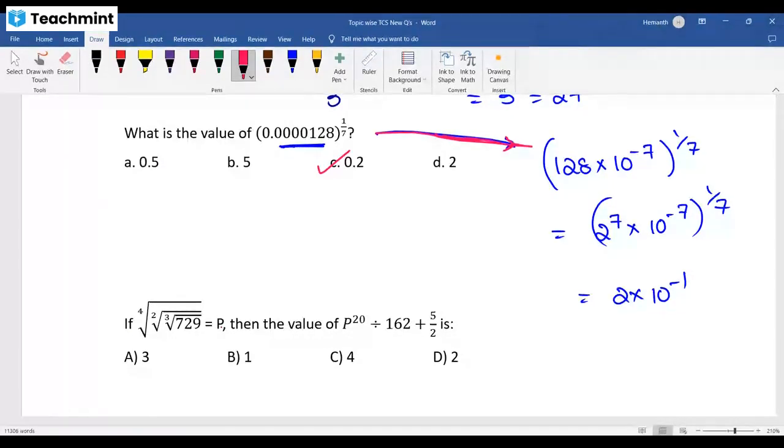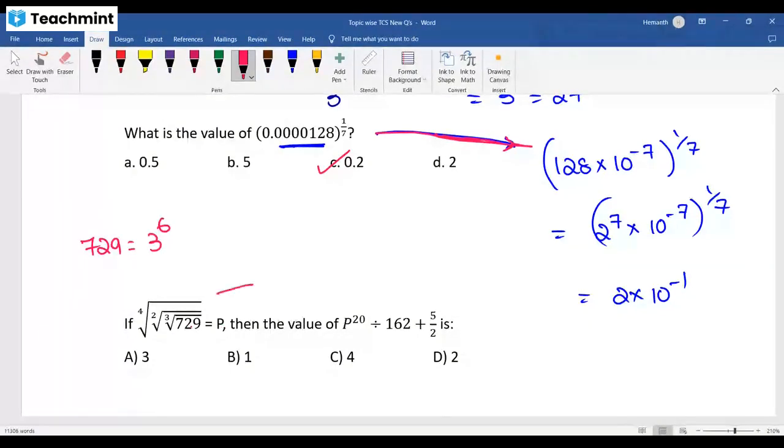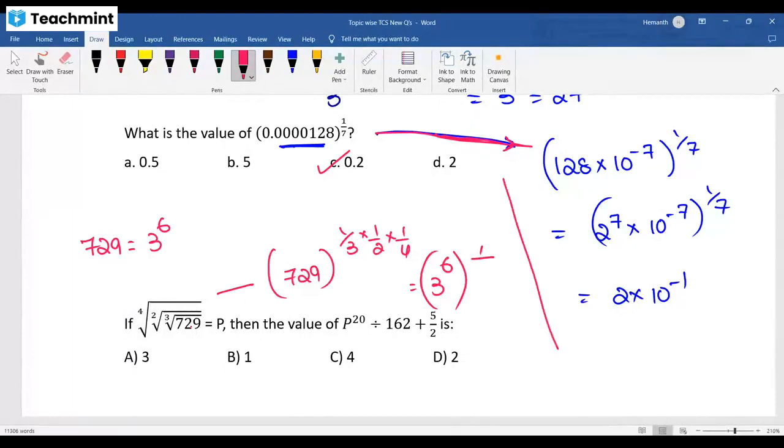So let's see. What is this P value first of all? 729. 729 we can say is 9 cube or 3 power 6 also. Here, this expression is 729 whole power 1 by 3 into 1 by 2 into 1 by 4. Means 3 power 6, this is 1 upon 6 into 4.